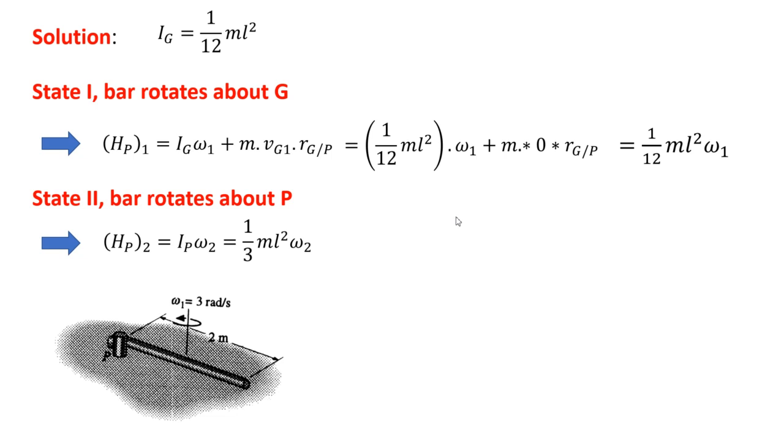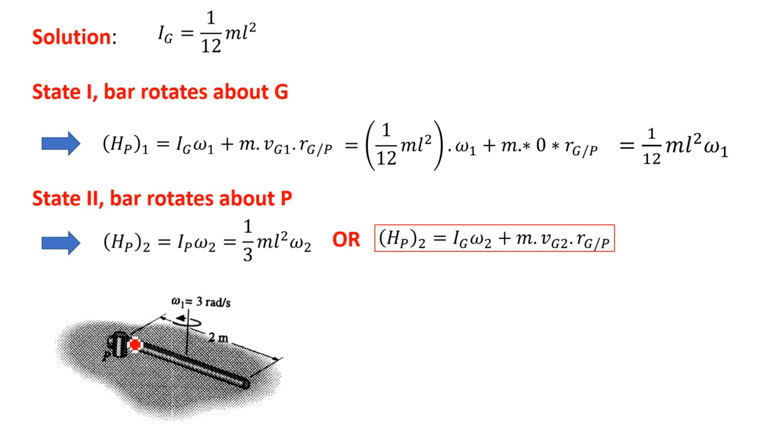Or we can continue finding HP2 around the point G. In that case, we calculate Ig omega 2 plus the mass multiplied by VG2 multiplied by r G to P. In the case of rotation around the point P, the velocity is equal to omega multiplied by r.